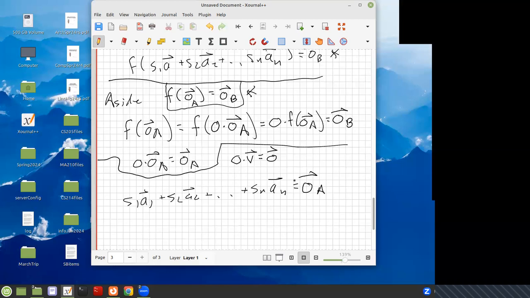Because they're linearly independent, S1 equals S2 equals S3 equals dot dot dot Sn equals 0. So all the coefficients are 0.